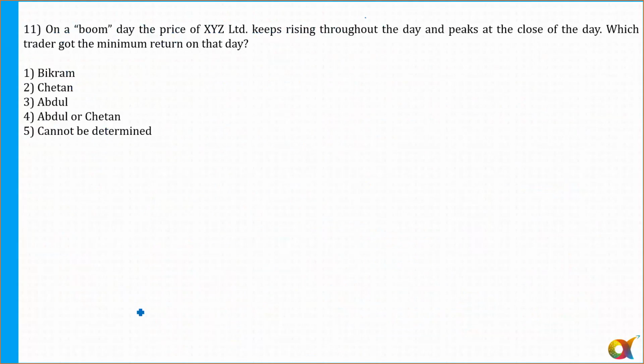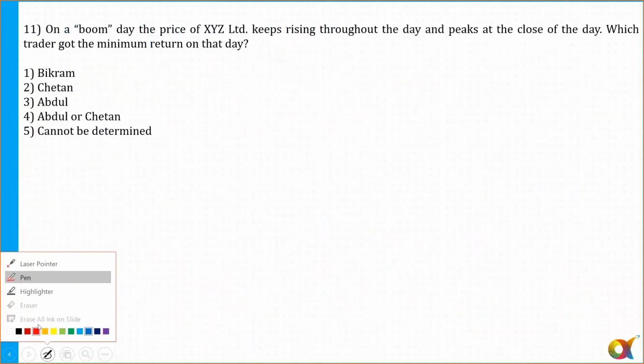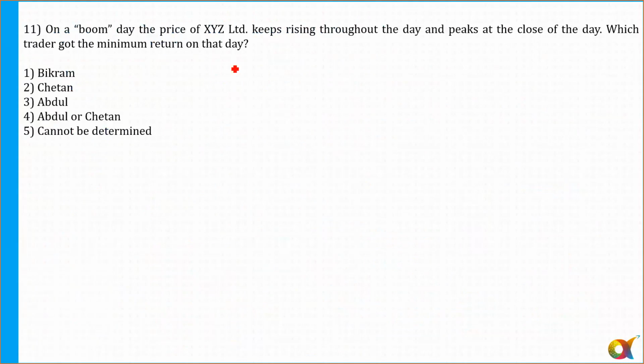It says, on a boom day, the price of XYZ Limited share keeps rising throughout the day. So we know that A is less than B, less than C, less than D, less than E and less than F. It keeps rising and peaks at the close of the day. Which trader got the minimum return?